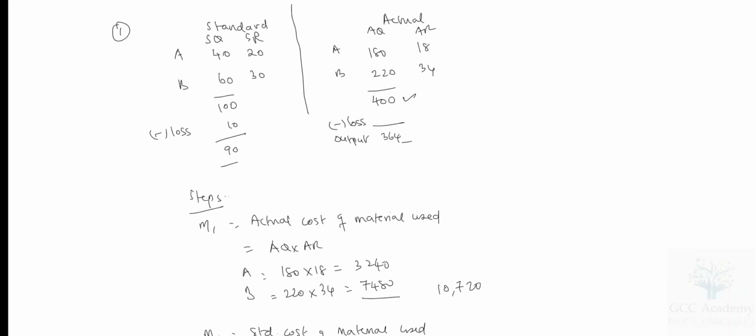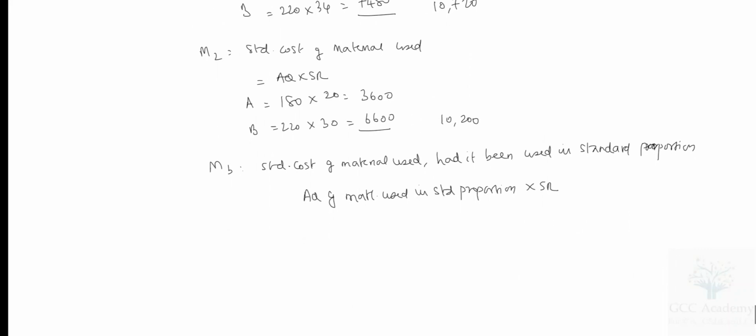Actual input is 400. So actual input of A and B is 400, in the ratio of, for A, what is the standard ratio? In standard proportion, the standard ratio for A is 40%. So 400 into 40 by 100 into standard rate. And for B, the total used material is 400 into 60 by 100 into 30.